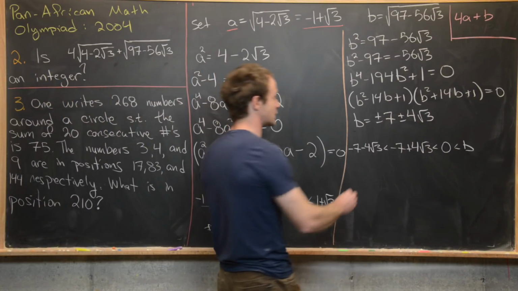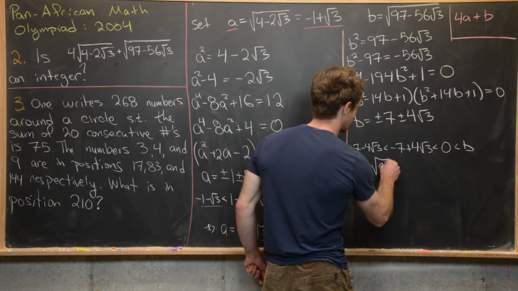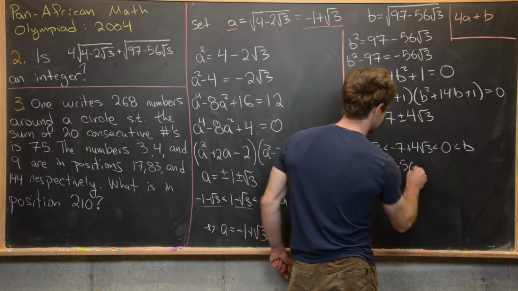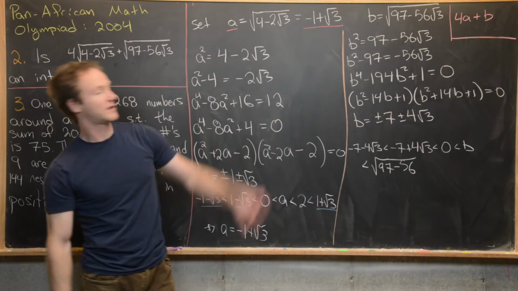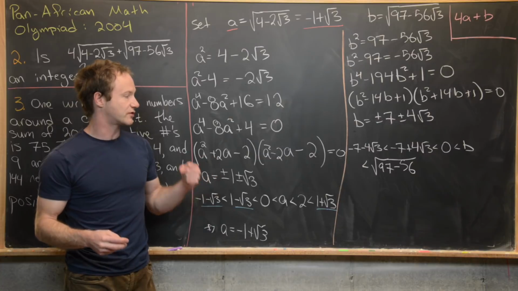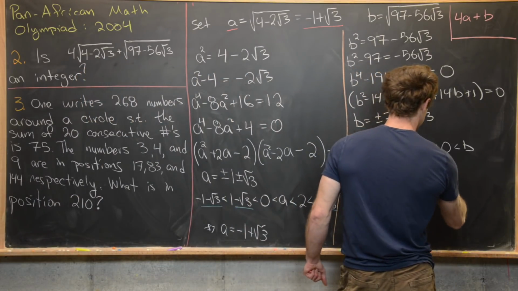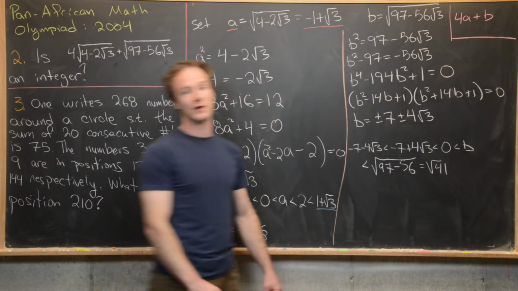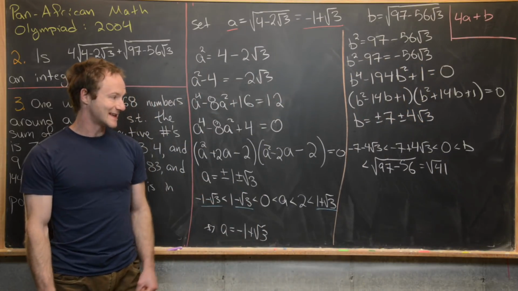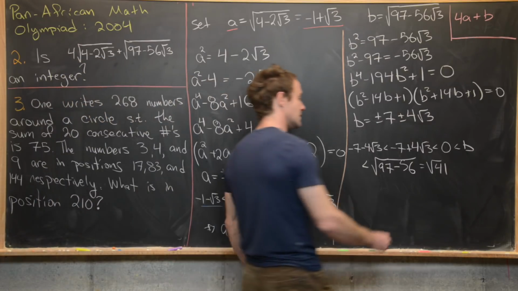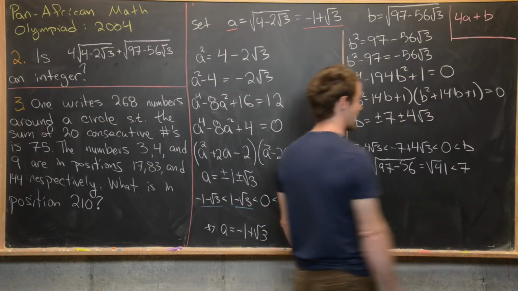But then b is going to be less than the square root of 97 minus 56, where I've just replaced the square root of 3 with 1 to create something bigger. But 97 minus 56 is 41, so here we have the square root of 41. But that's going to be less than the square root of 49, and the square root of 49 is 7.